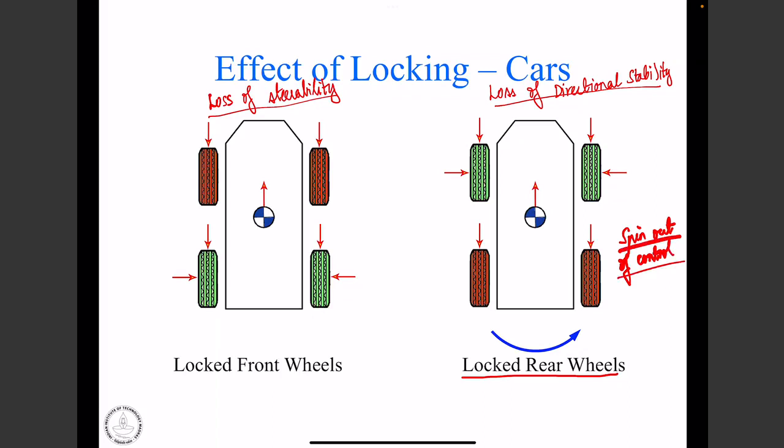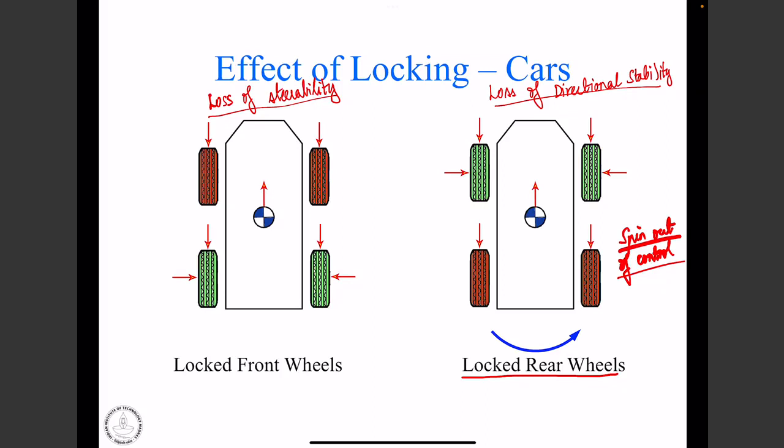Once again, let me set the context. Ideally, both wheels should never lock. That is the ideal scenario, and we should strive towards it. But suppose we are given a choice under a certain scenario: either the front wheels lock or the rear wheels lock. Which one would you prefer? I would say, although front wheel locking is bad, let's go ahead with it.